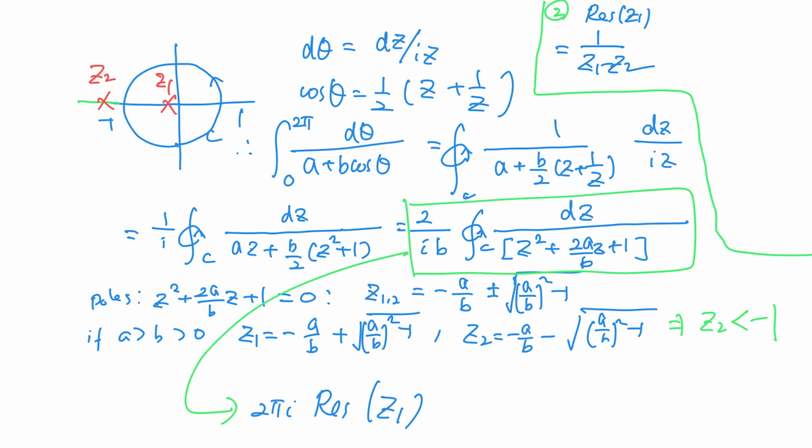So this is z1 minus z2, which is what? 2 times the square root of a over b squared minus 1.